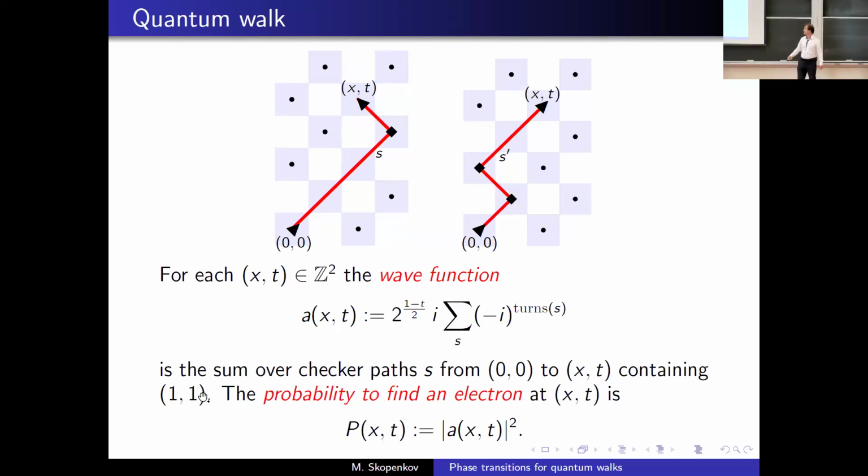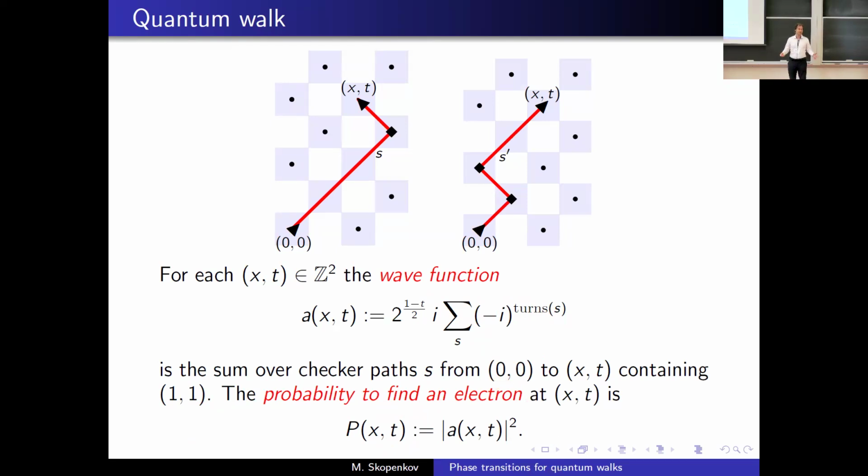So each path contributes the following number to the sum. This is minus i to the power of the number of turns in the path S. Finally, the probability to find an electron at the point xt is the absolute value squared of the wave function.